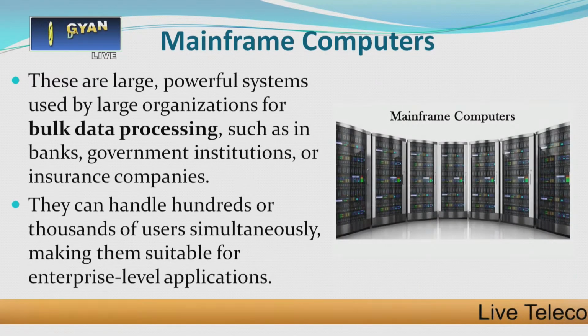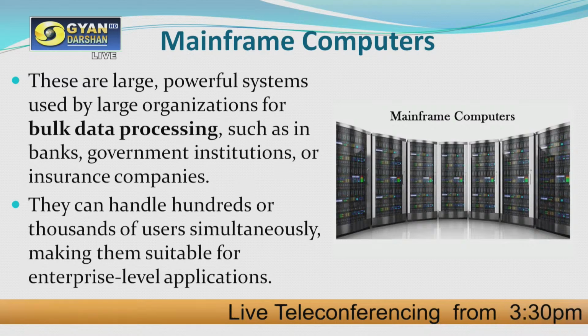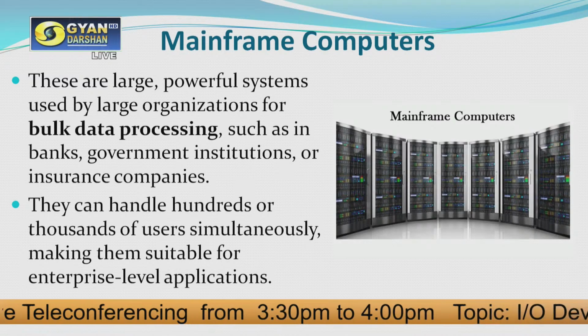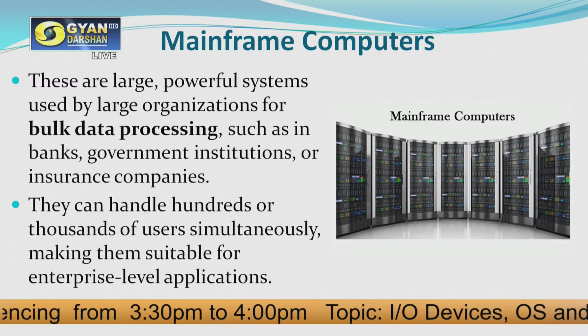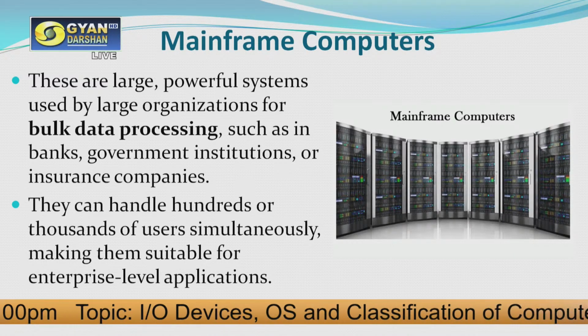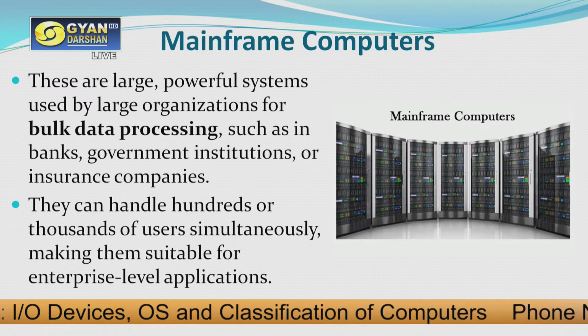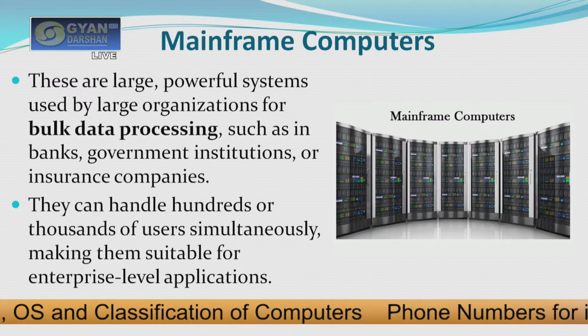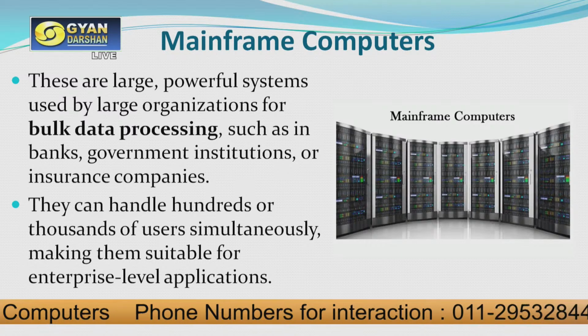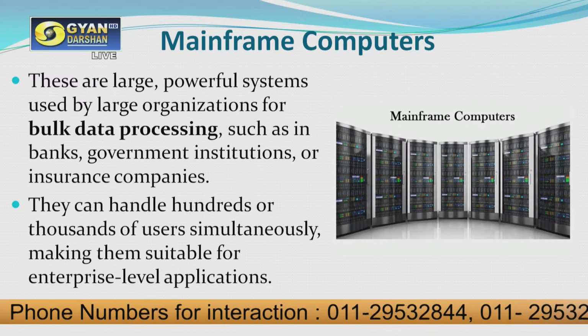And then we move on to the other classification called the mainframe computers. These are very, very large computers, very powerful systems, used by large organizations for bulk data processing. They may be used in banks, government institutions, insurance companies, and other companies where bulk data processing is the basic functionality.